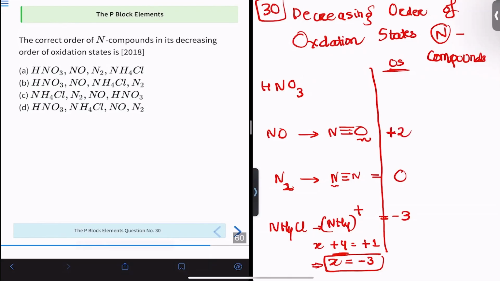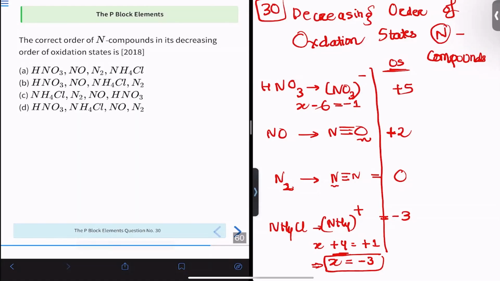Then in the compound HNO3, we have the nitrate ion, NO3 minus. Here, if the oxidation state of nitrogen is X, X - 6 is equal to -1. So the value of X will be +5.